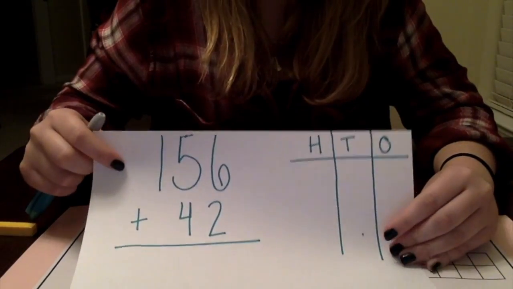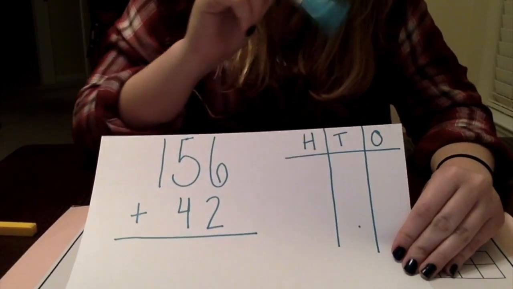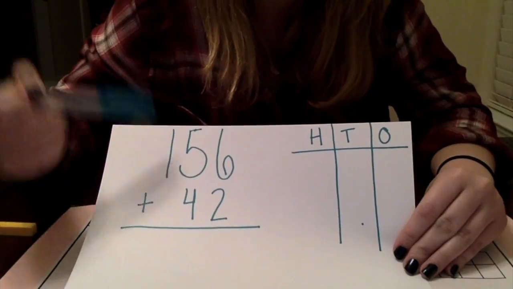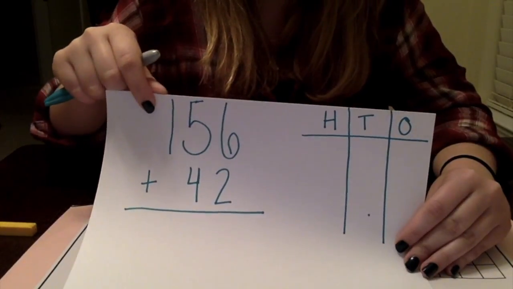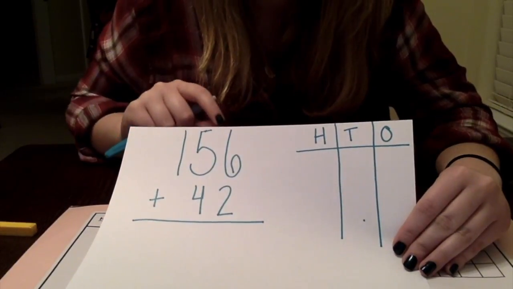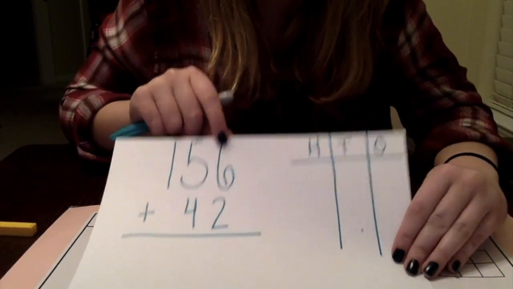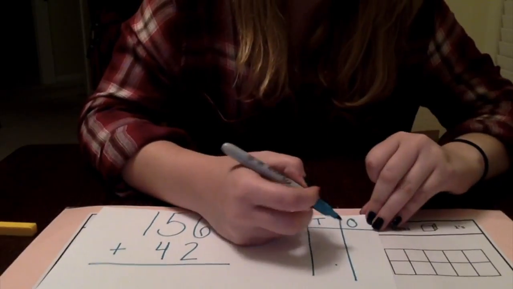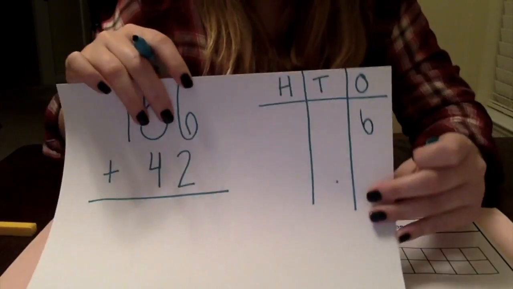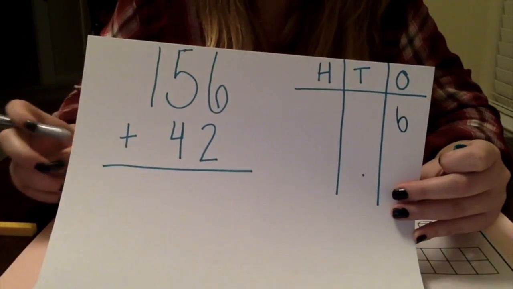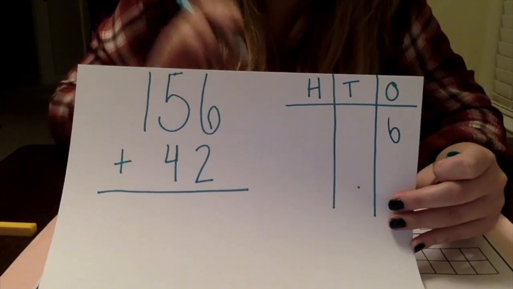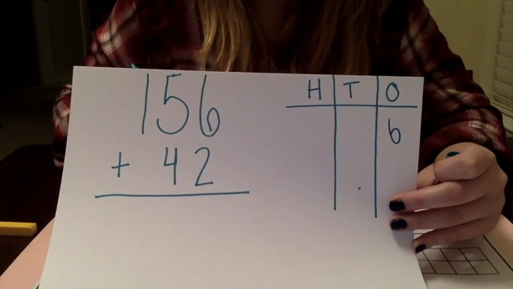So I'm going to look at our ones place first, and I'm always going to take the biggest number and add the smallest number to that big number. So our biggest number is 156, and I'm going to look at my ones, and I have 6 ones. So I will write that in our ones place. The next place we're going to look at is our tens place, and I have 5 tens.